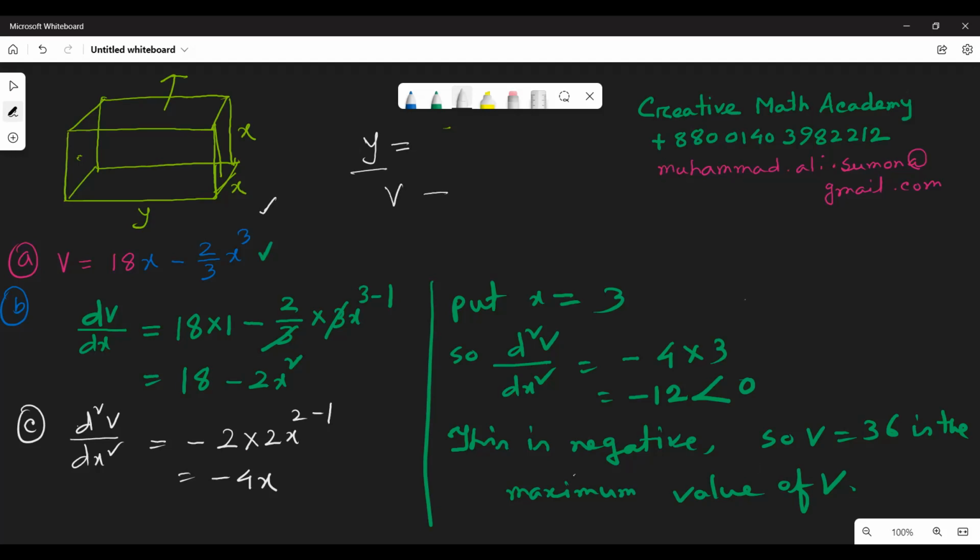After the volume came, we differentiated it with respect to x, and then set this dV by dx equal to 0. From here we get the value of x, and we put this x value into the volume, so we get the maximum volume. After that we do the double differentiation. If the double differentiation result comes negative, then V is obviously maximum.